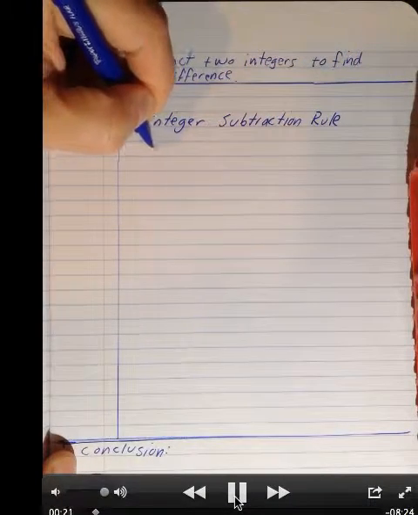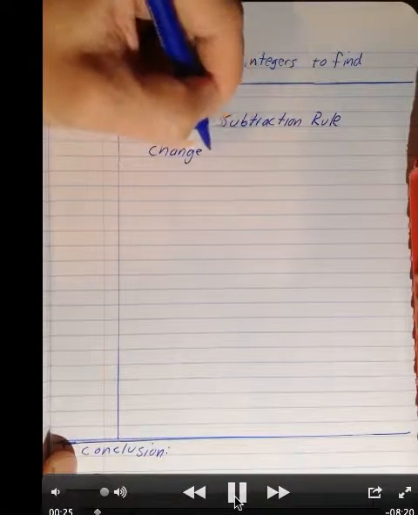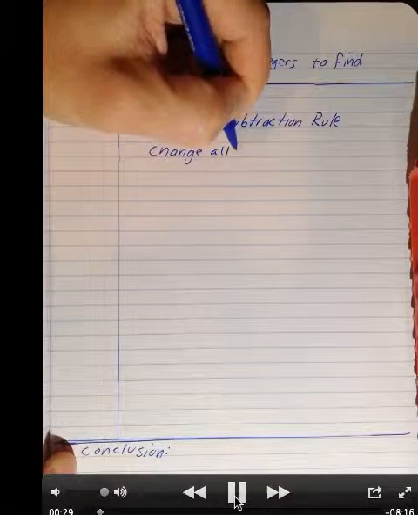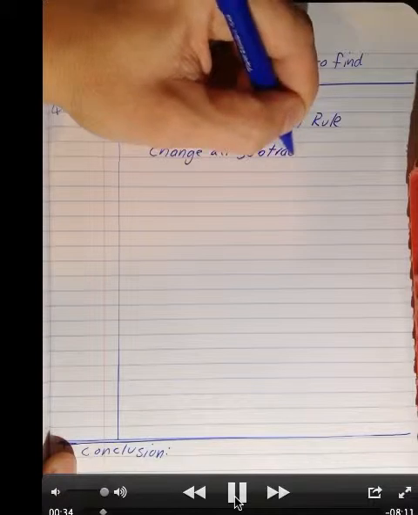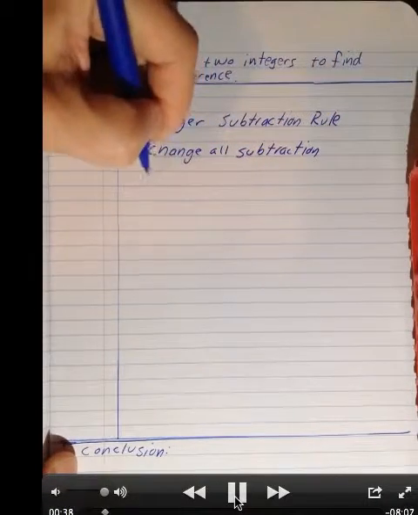So integer subtraction rule. Change all subtraction to equivalent addition problems. Now the word equivalent is important. We can't just change subtraction to addition or we'll get a different answer.